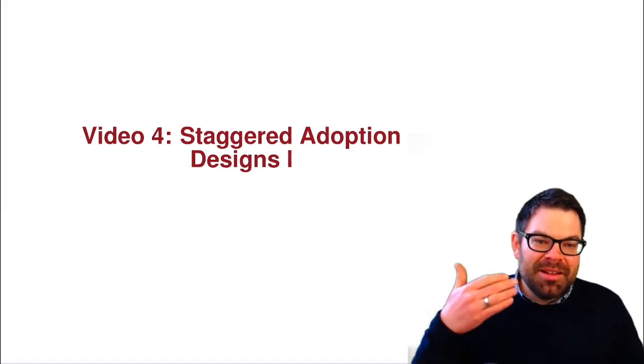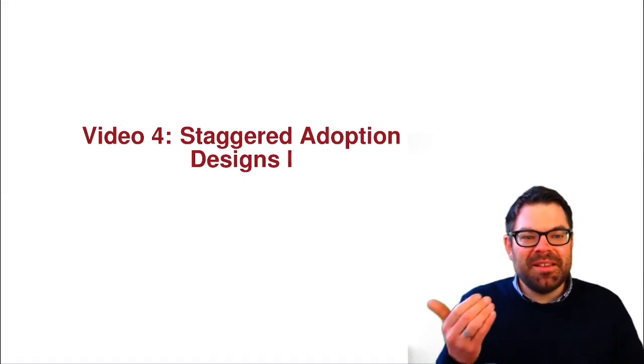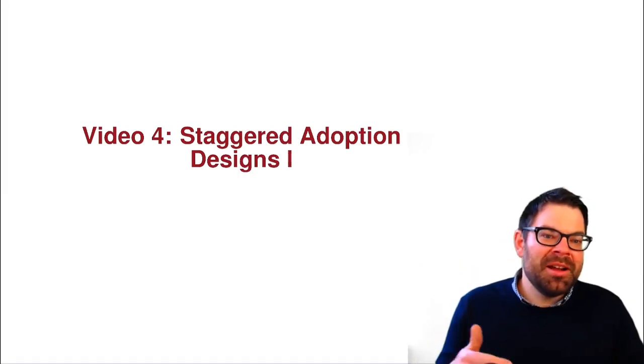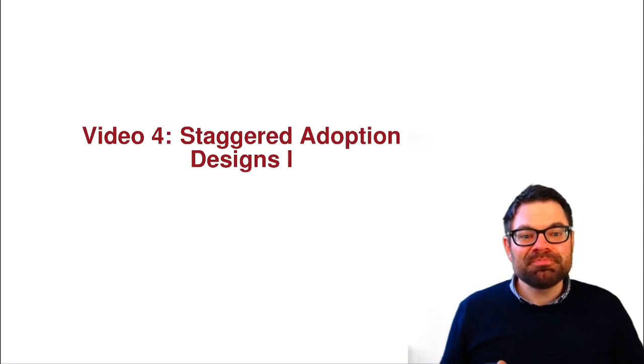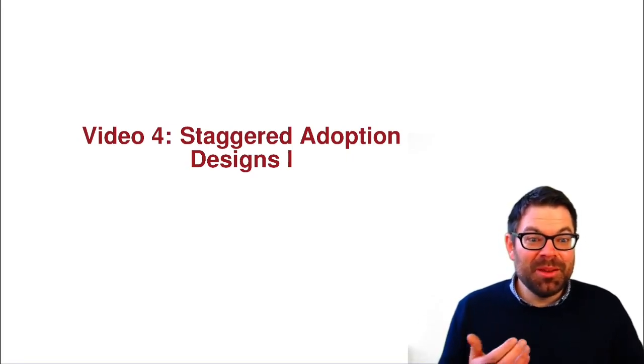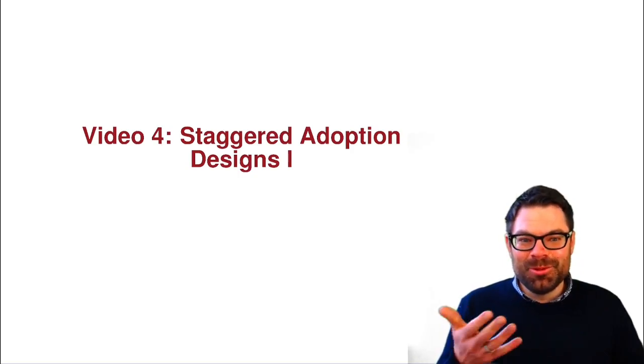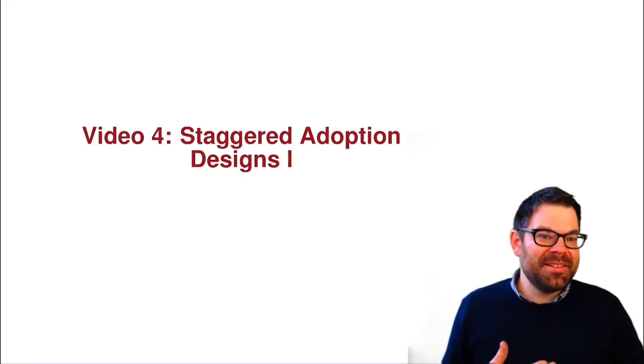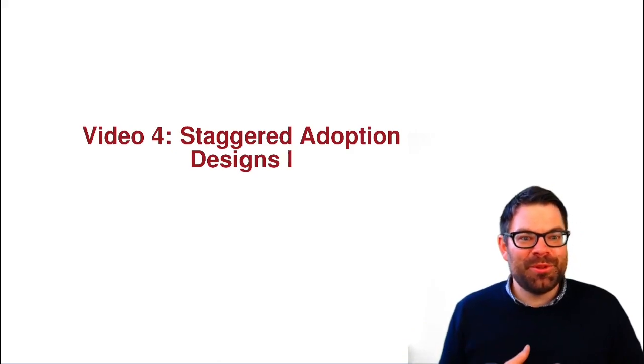And in a staggered adoption design, where some units get treated early and other units get treated later, here's the challenge. If you see a presenter who presents a paper that uses that design, just ask them, well, what do you compare with what?